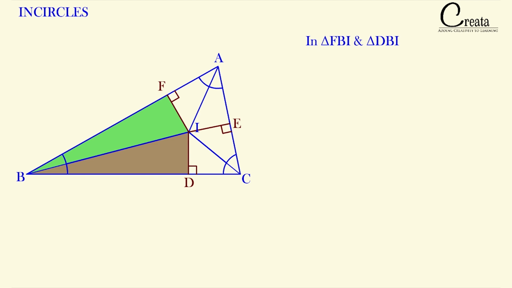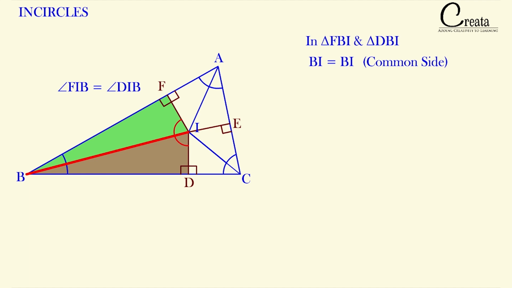Let's see how these triangles are congruent. First of all, both of these triangles are right angle triangles, that is angle F and angle D are right angles. Further, BI is the angle bisector of angle B, so angle FBI and angle DBI are equal to each other. If two angles of a triangle are equal, the remaining angles are equal too, so angle FIB and angle DIB will be equal to each other. Further, BI is equal to BI, that is the common side.